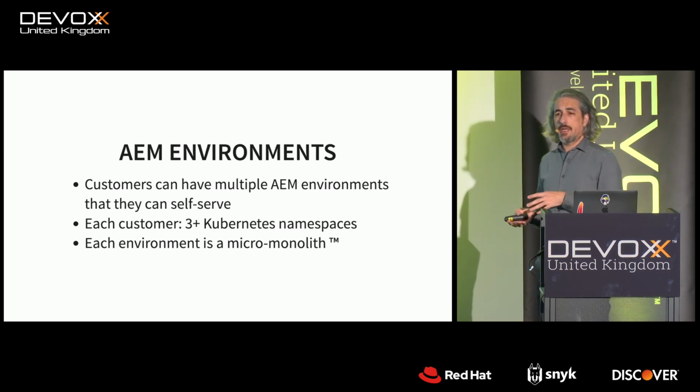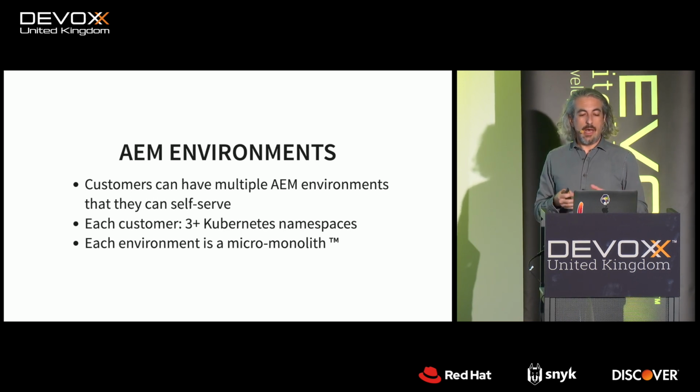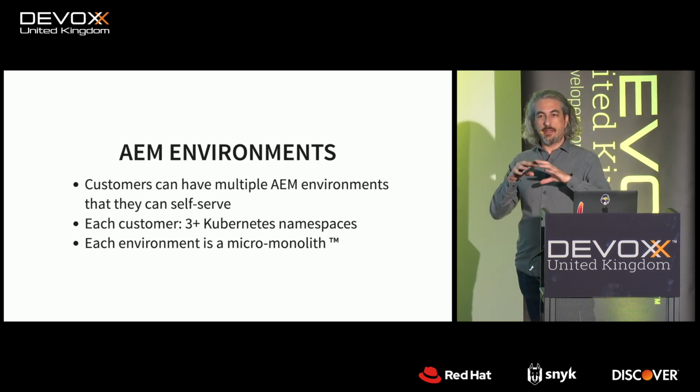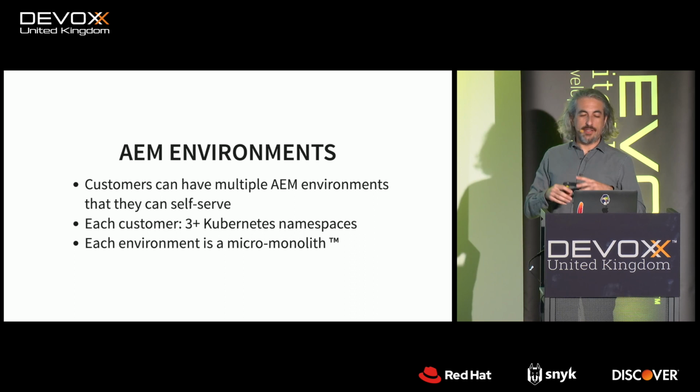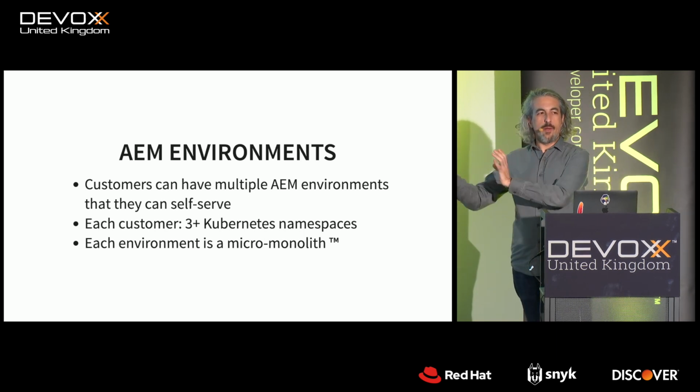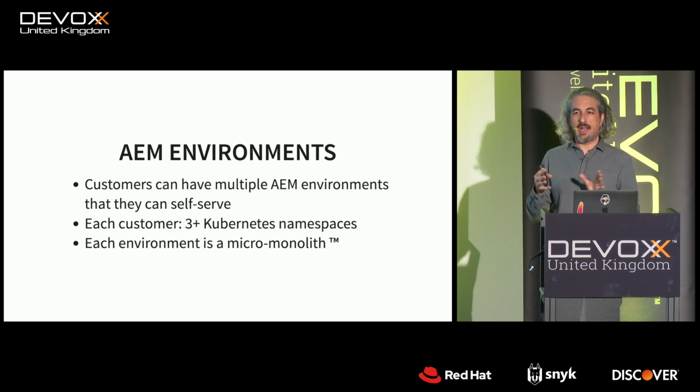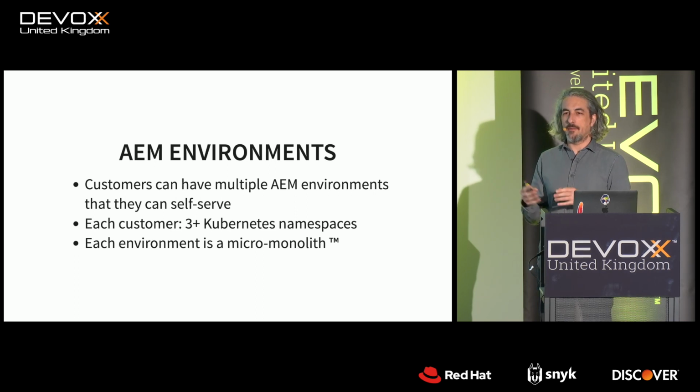We have multiple Kubernetes namespaces for each customer. Each of these AEM environments, I like to call it a micro monolith, in the sense that it's a monolith that we replicate, and we give each customer one copy. So it's slightly different variations of the same Java application.